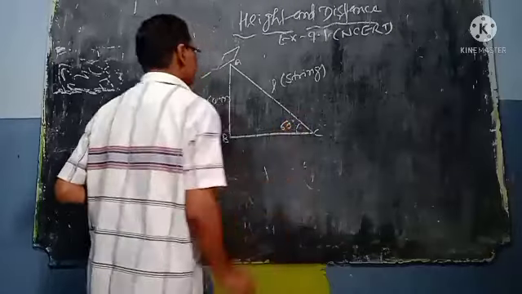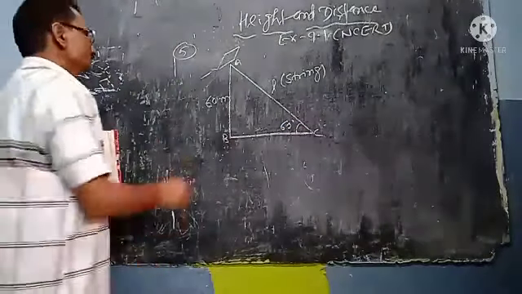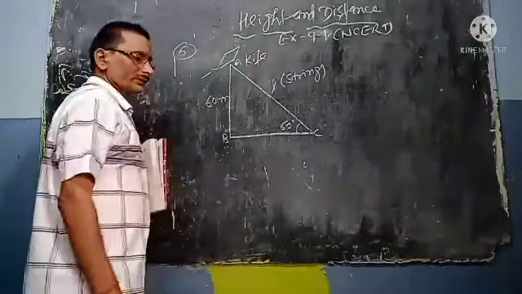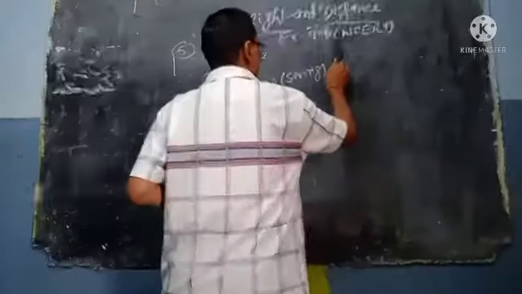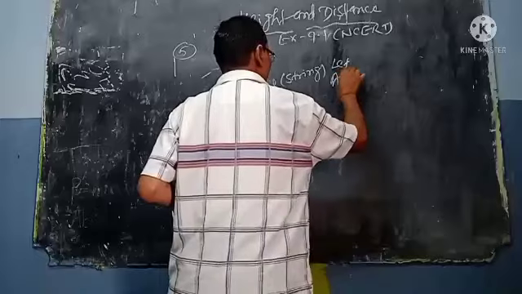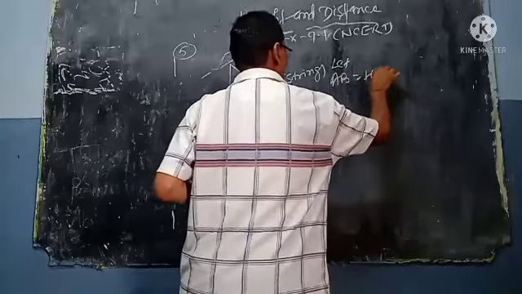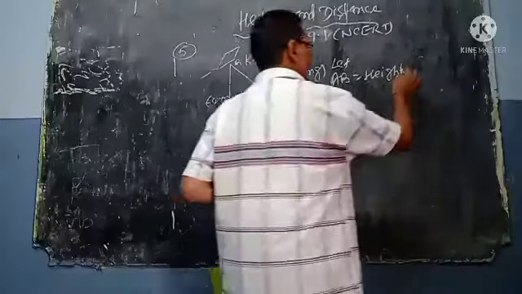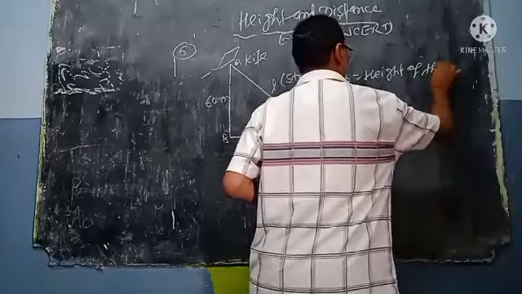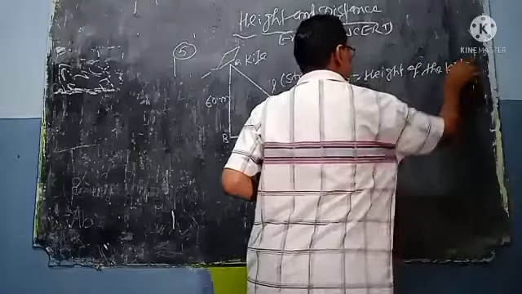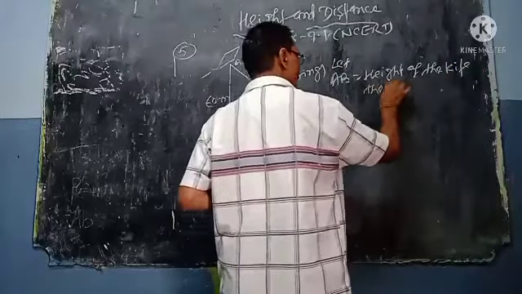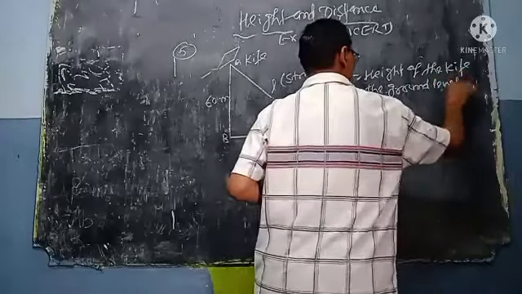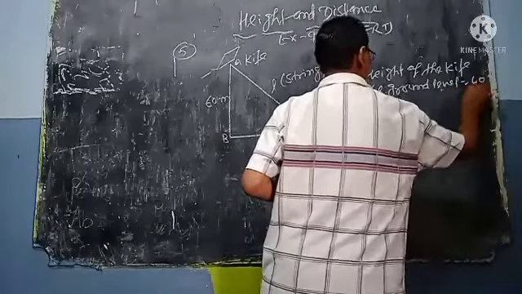Then we have to find the length of the string. This is your kite. So at first we write: let AB be the height of the kite from the ground level, and that is given as 60 meters.